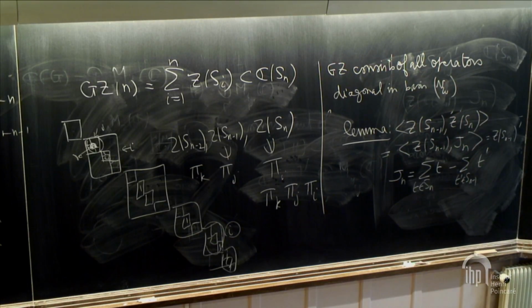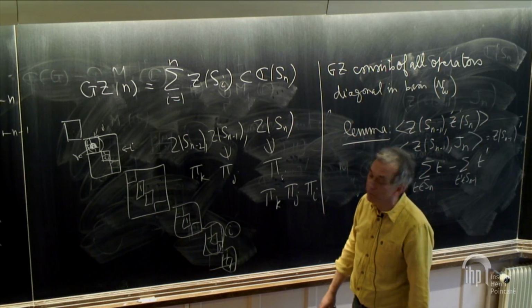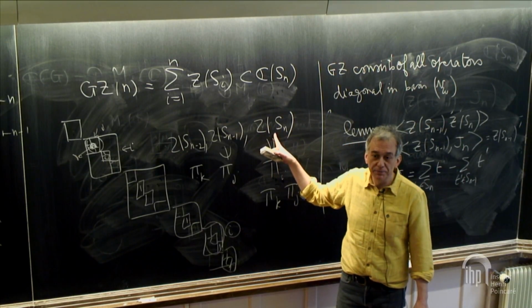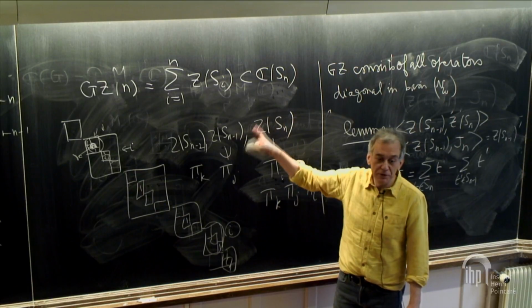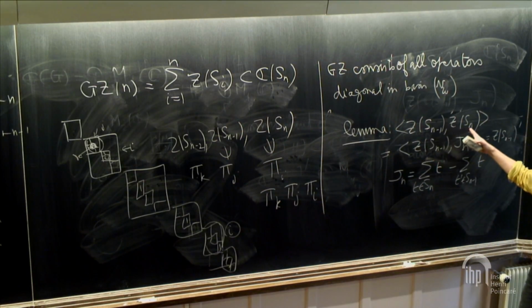This proves that we have this equality here. And now in the sum of these algebras, I can replace Z of Sn by Jn. Then by induction, I use this lemma again with Sn minus 2 and Sn minus 1, and so on.